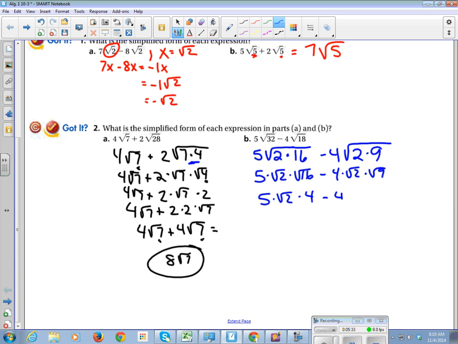And then 4 times root 2 times 3. Now let's shuffle. We got 5 times 4 times root 2, 4 times 3 times root 2. And now I can multiply these together. 20 root 2's minus 12 root 2's give us 8 root 2's.